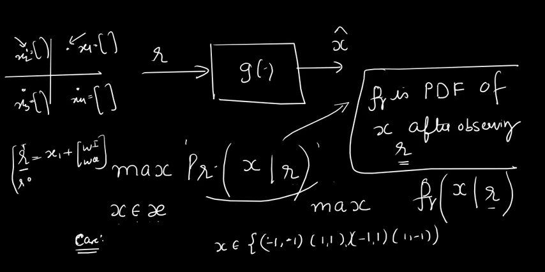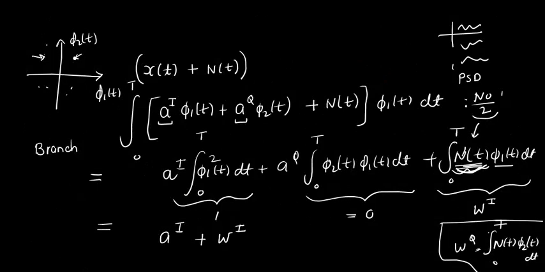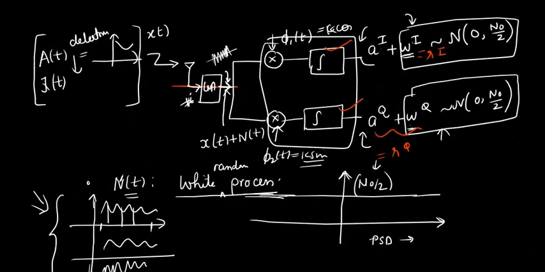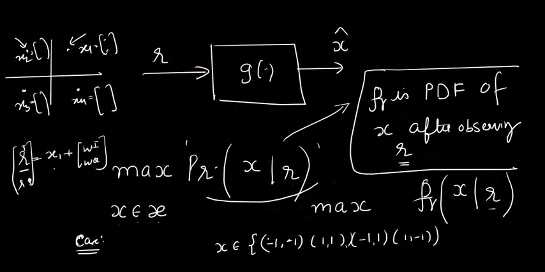You can put the upper branch and lower branch values Ri and Rq like this. So this is your x1, which will have these two values, I value and Q value. Similarly R2, R3, R4. So I have just written it as R is equal to x plus noise.